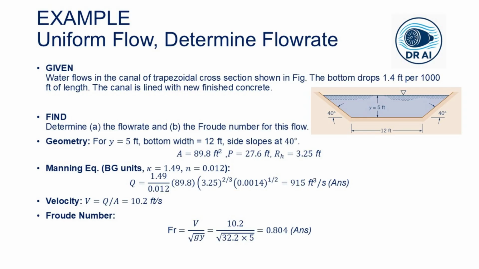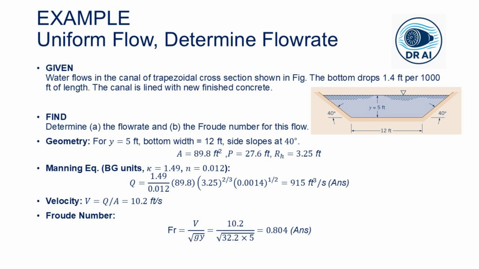feet. And then we look up the n for finished concrete in the table that we just saw. So we plug it all into the relevant equation, and with the kappa value of 1.49, since the problem is in British gravitational units, we get a flow rate of 915 cubic feet per second.